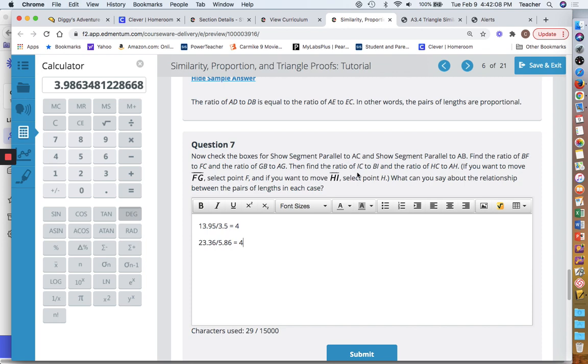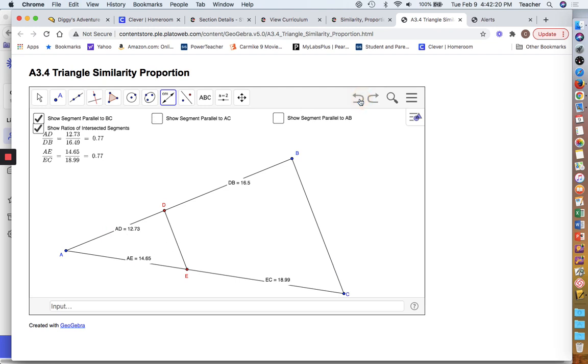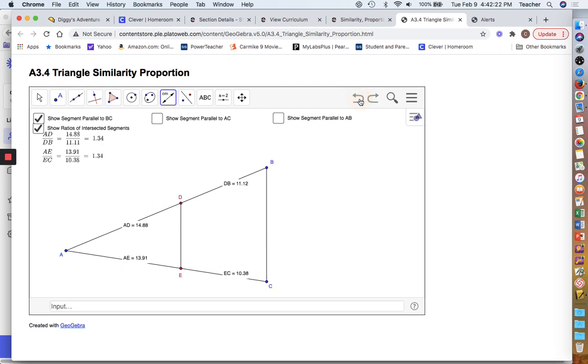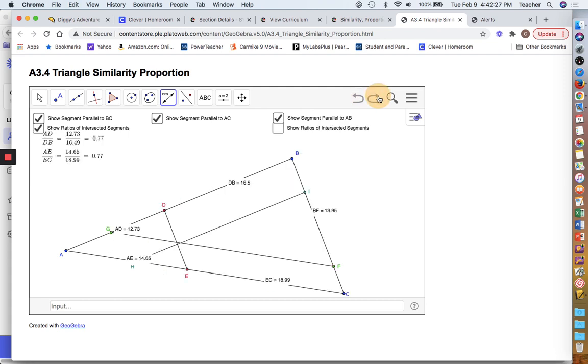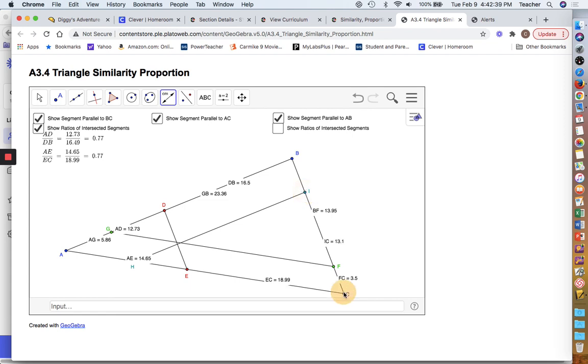Then find the ratio of IC to BI. Whoa, it's getting busy. Let me undo this. It's not going to let me, is it? All right, so let's do it. IC to BI.